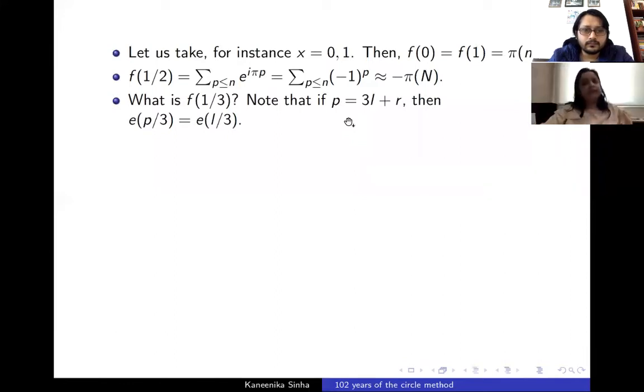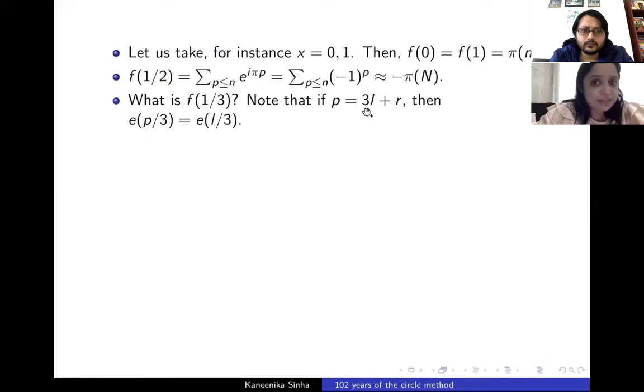Now f of 1/3, let's calculate that. We are interested in evaluating e of p over 3. Because of the periodicity of the exponential function, this value simply depends on the residue class of p mod 3.